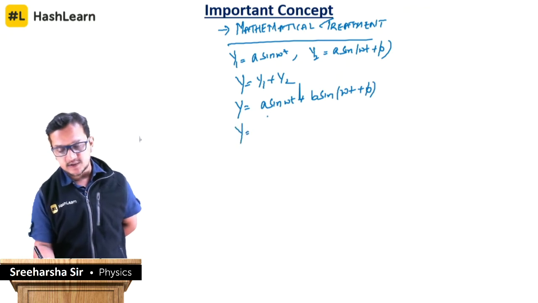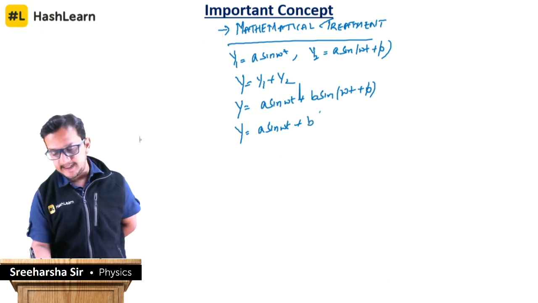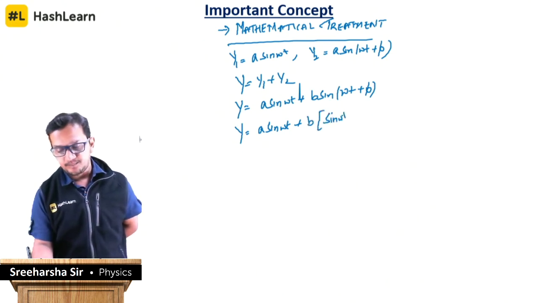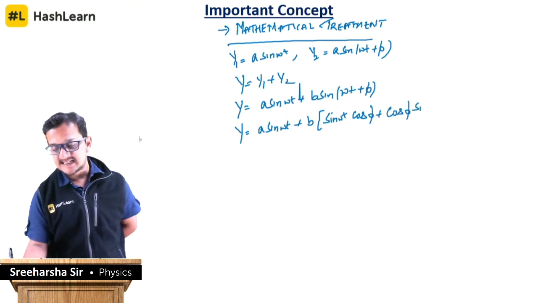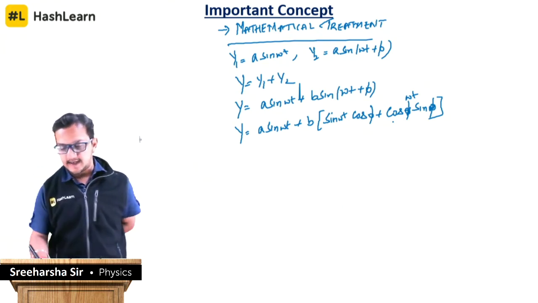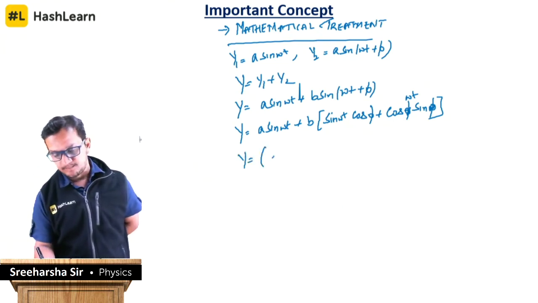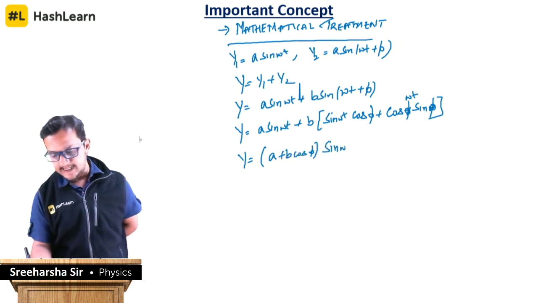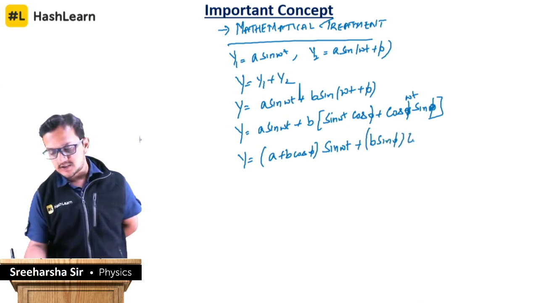And if you expand this, you will have a sin omega t plus b times (sin a cos b plus cos a sin b). Sorry, cos a and sin b. So this is the basic trigonometric formula which we know, and from this you can write y equals (a plus b cos phi) sin omega t plus b sin phi cos omega t.